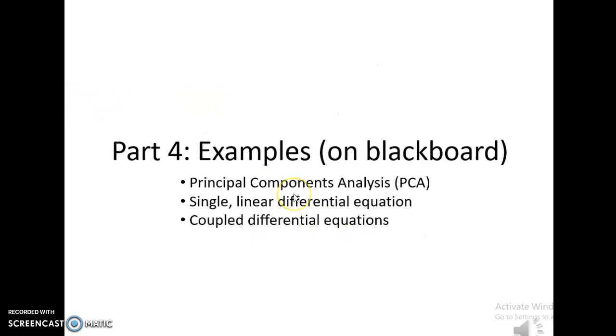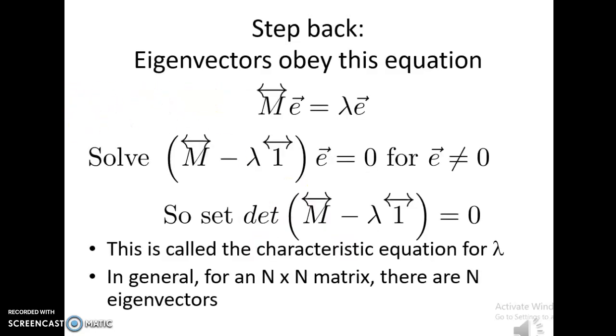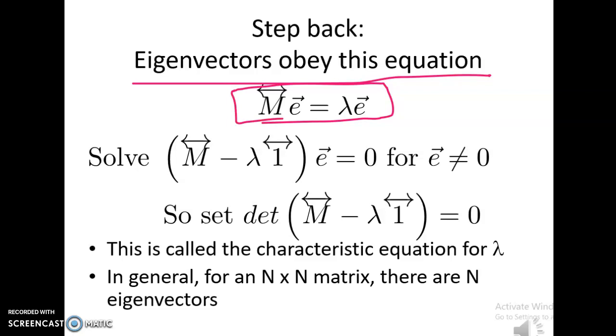Okay, so step back. Eigenvectors obey this equation: M e vector equal to lambda e vector. Solve (M minus lambda I) e vector equal to 0 for e vector not equal to 0.